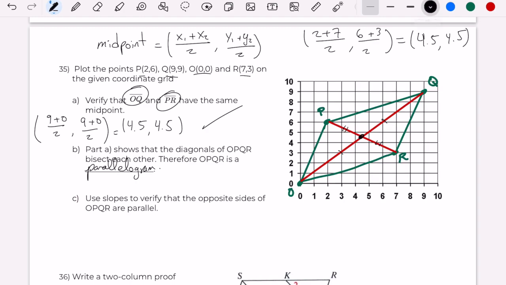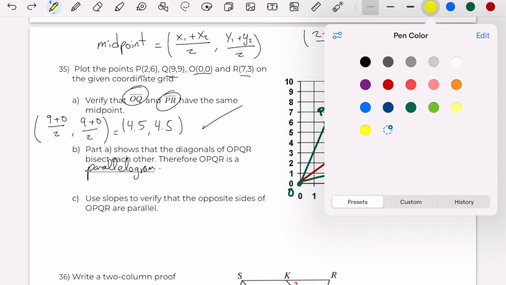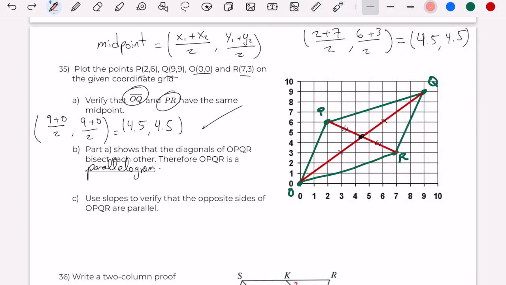Then let us find the slopes. I'm going to use another color, I'm going to use a crazy green. No, I said green and then I chose yellow and then I hated yellow. I'm going to choose this flamingo. So the slope of OR is rise over run.